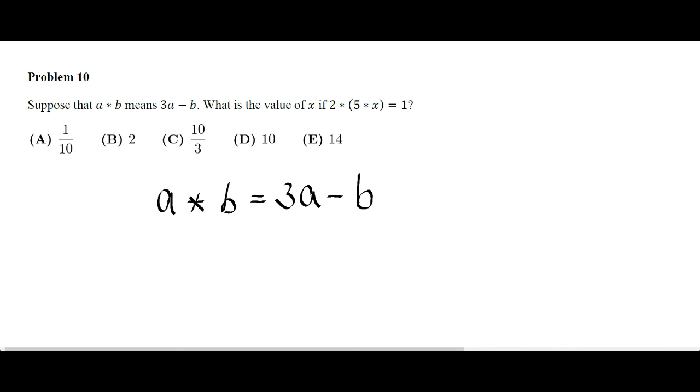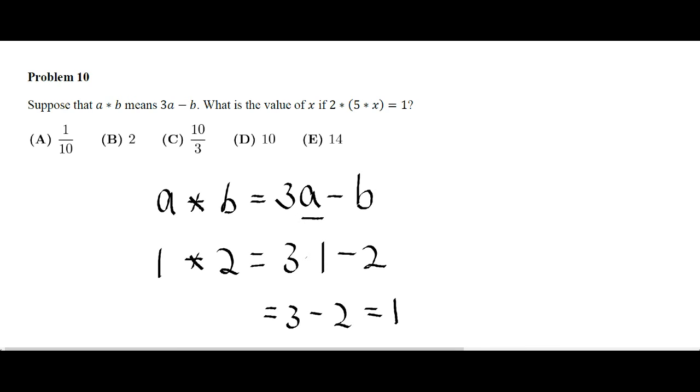What is 1 star 2? This one means 3 times the first number 1 minus the second number 2. So 3 minus 2 is 1, okay? This A stands for the first number, this B stands for the second number, okay?